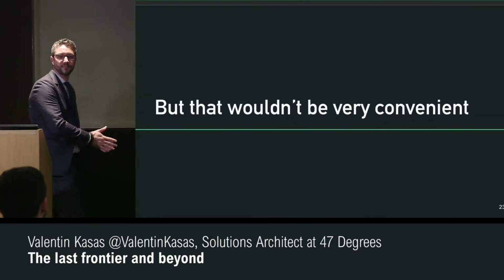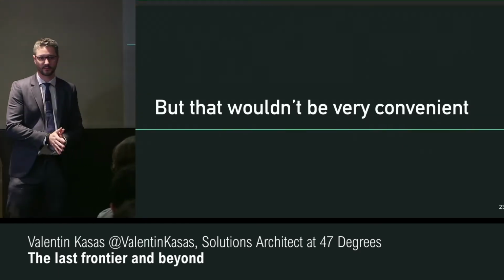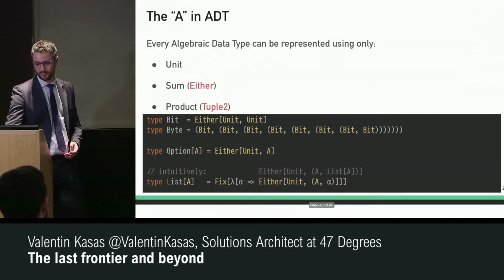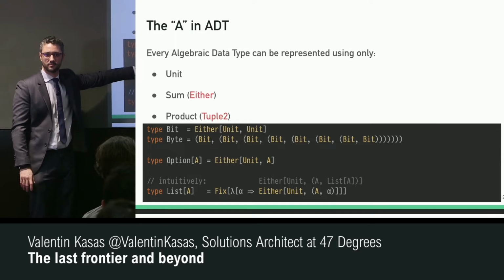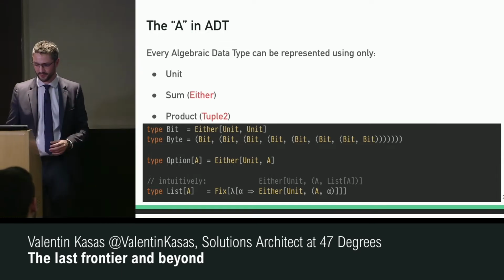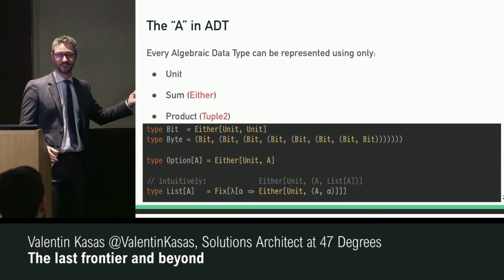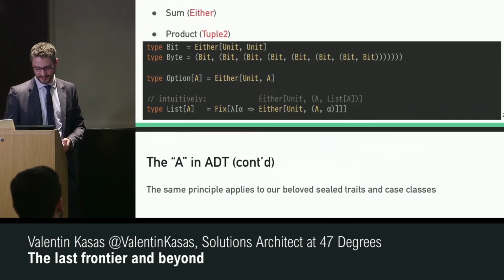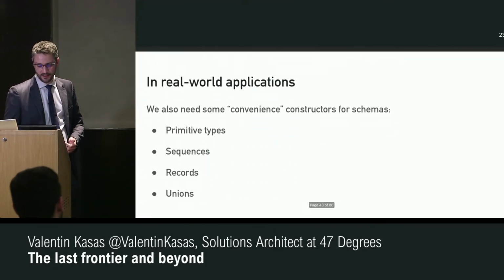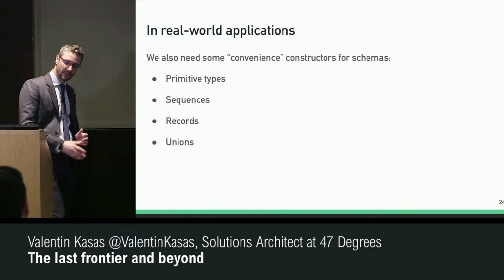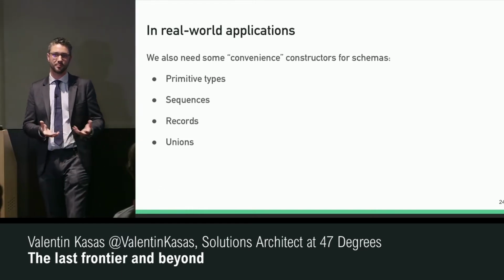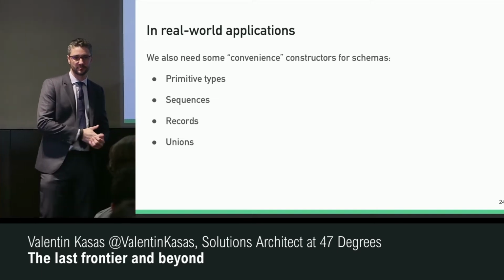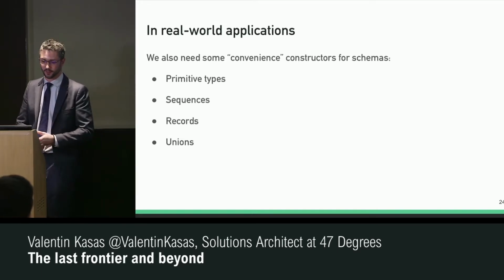But of course, it wouldn't be very convenient, right? Let's just look back at this byte. So imagine a string, for example, or an integer. Writing an integer like that would be very, very complicated. So maybe in our library, we will need some convenience representation for primitive types: string, int, boolean, and so on.